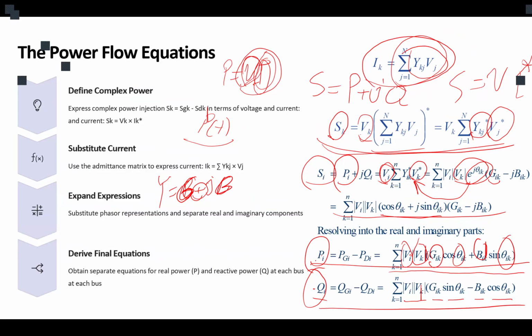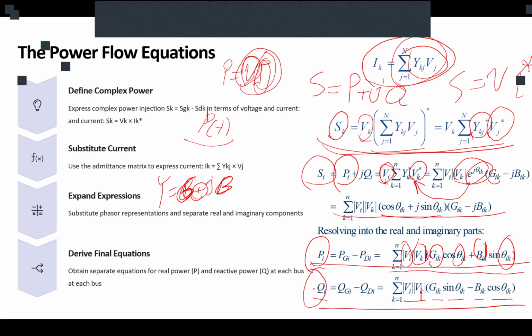Now, when you look at this P and Q, you see both of them are functions of both voltage and theta. So how can you deal with that paradox?